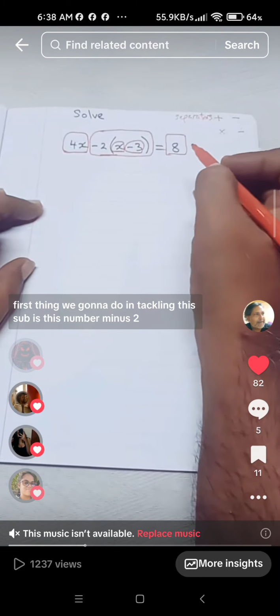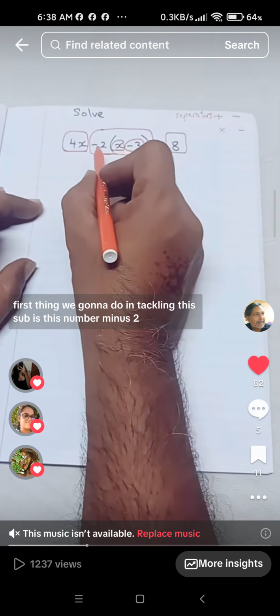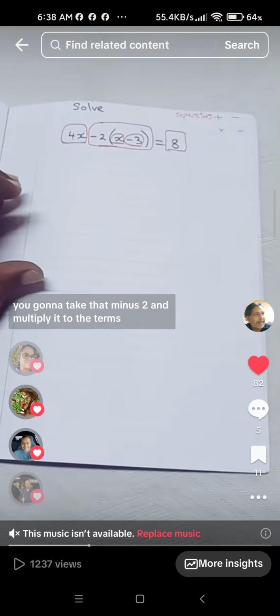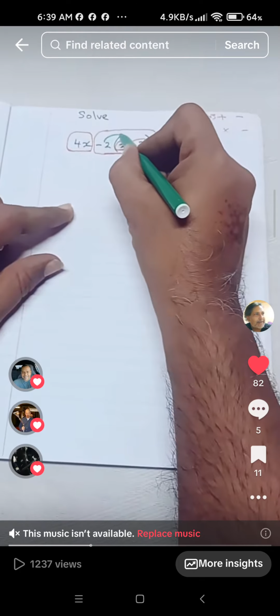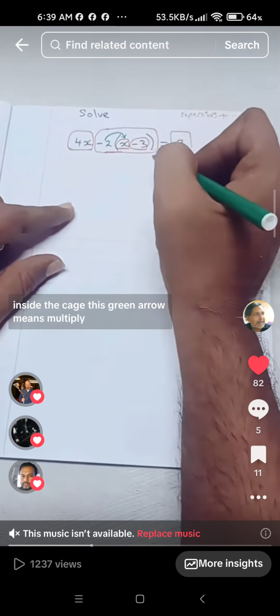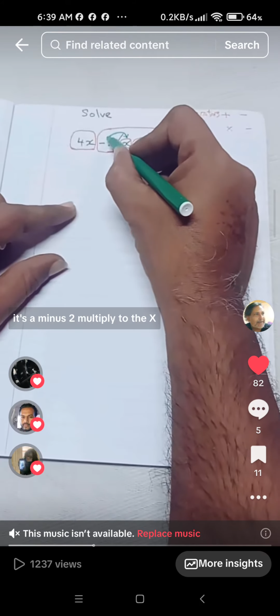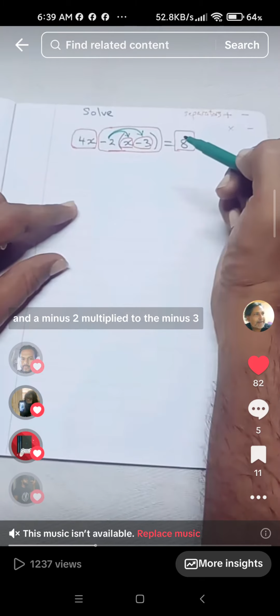Okay. First thing we're going to do in tackling this sum is this number minus 2 outside the cage. You're going to take that minus 2 and multiply it to the terms inside the cage. This green arrow means multiply. It's a minus 2 multiplied to the x and a minus 2 multiplied to the minus 3.